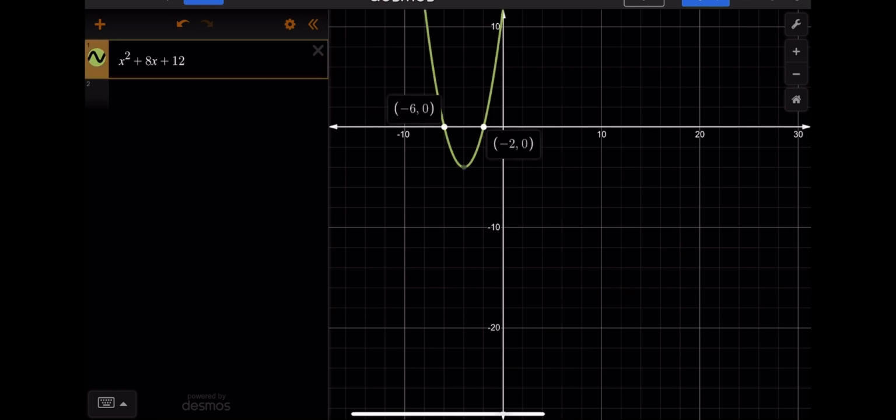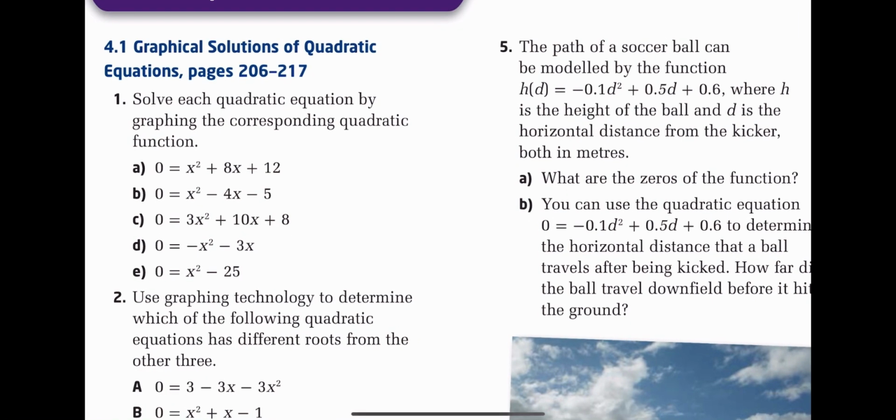So my solutions are x is equal to minus 2, or x is equal to minus 6. And you can see it directly from your graph. For all these exercises using graphing, you just graph them, see where the x-intercepts are, and choose the x values from your output, and that's your solution.